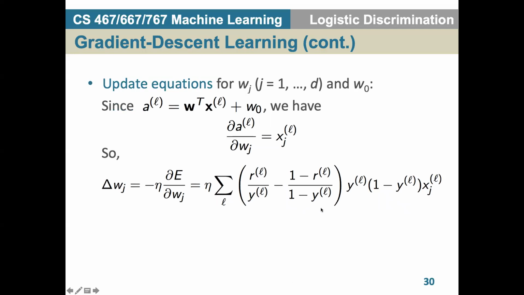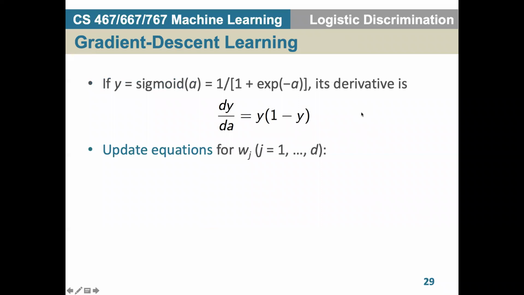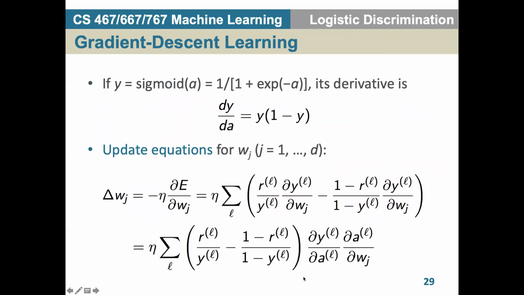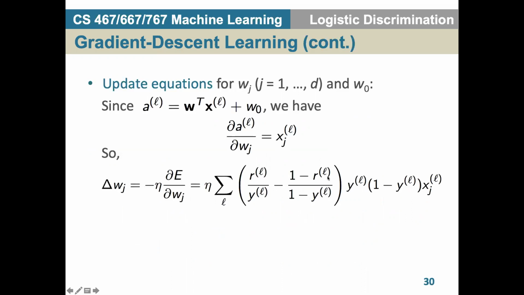So we'll get this. The difference here is that we just write it out. This is the previous term. Y to a is this term. Y to a. Next, a to w. So how do we get this?